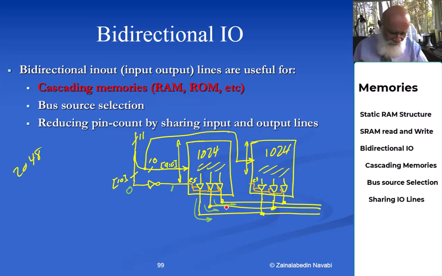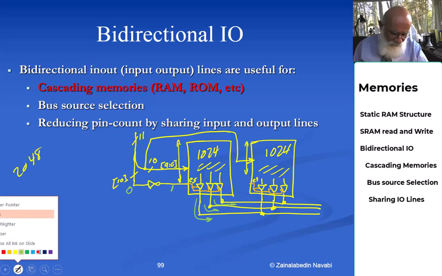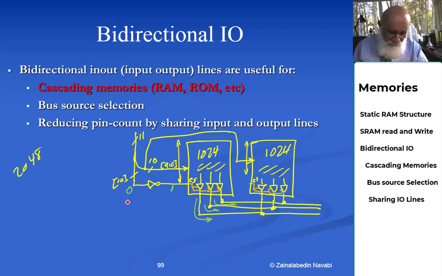On the other hand, if my most significant bit is 1, then this is going to be 0, and therefore the memory on the left is not going to be selected, and only the memory on the right will be putting the outputs on these lines here.